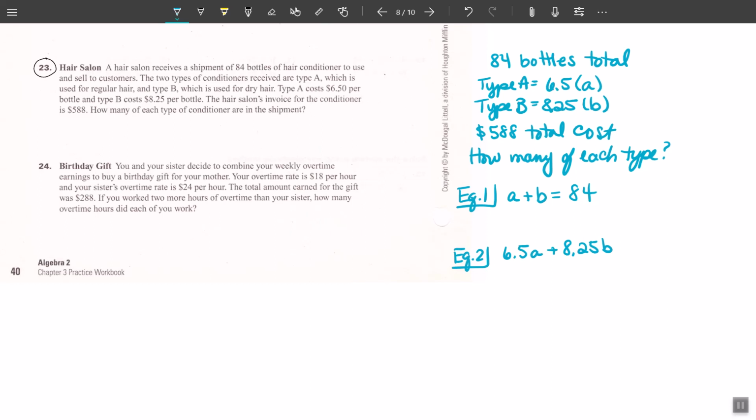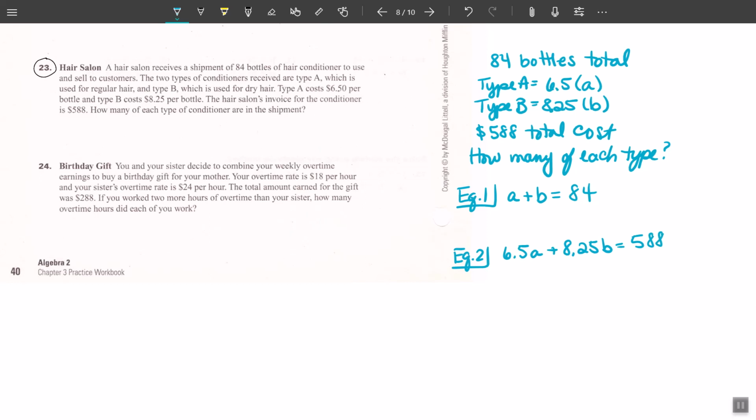And then when all that was totaled together, they owed $588. So one of the equations is going to do with the physical number of items we're talking about, and the other one is going to usually deal with money. Then we're going to use these two in order to solve the rest of the problem.